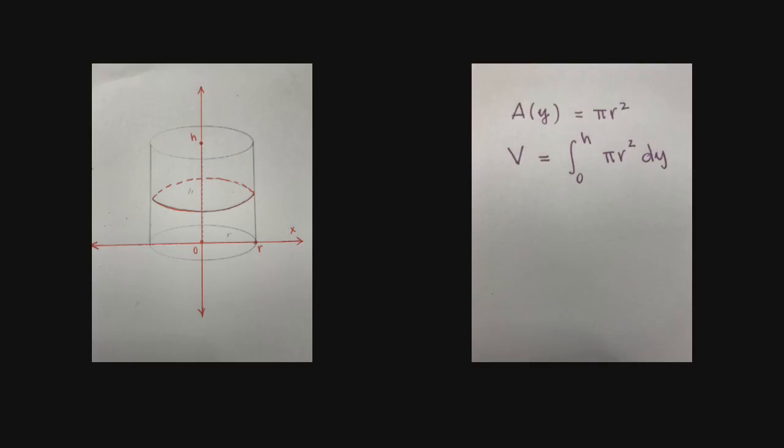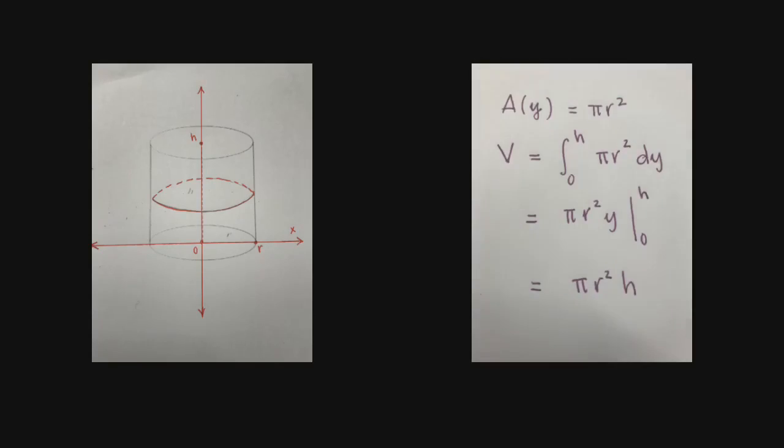The volume is the sum of all of the areas of the cross sections, which is the integral from 0 to h of pi r squared dy. So now all we have to do is integrate to get pi r squared y evaluated from 0 to h, which is pi r squared h. And that is exactly what we have learned in geometry.